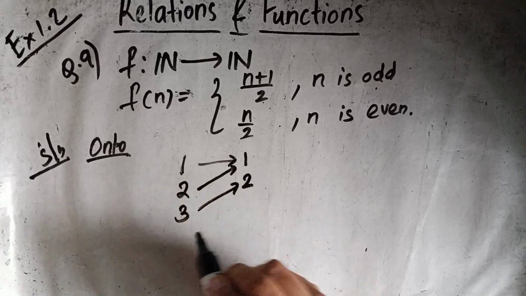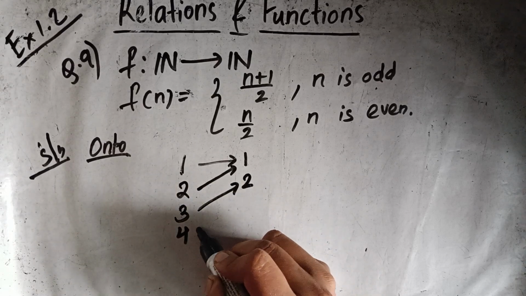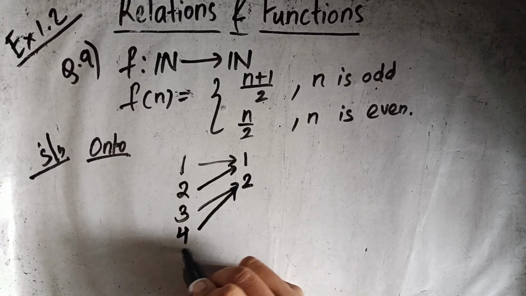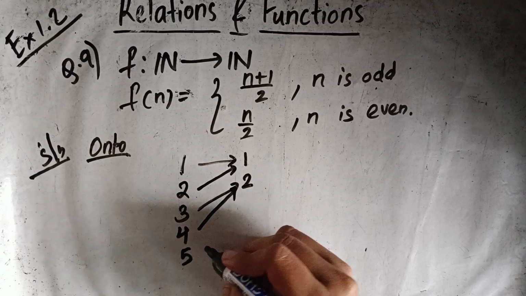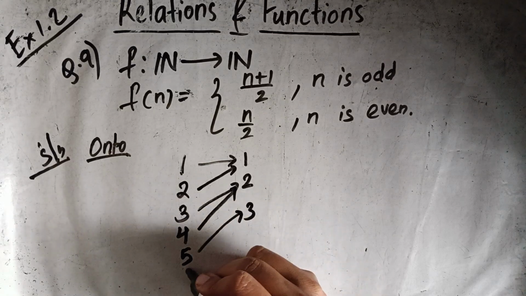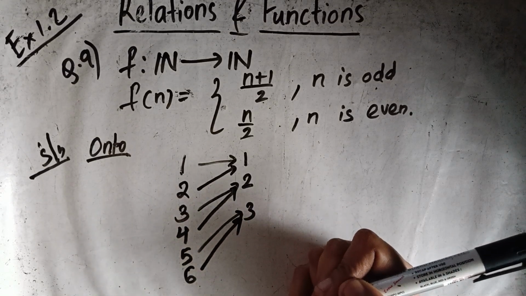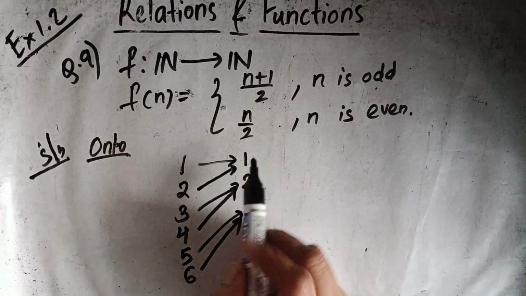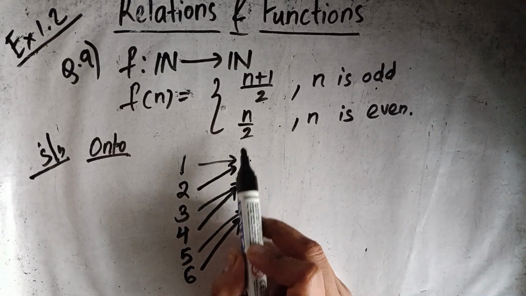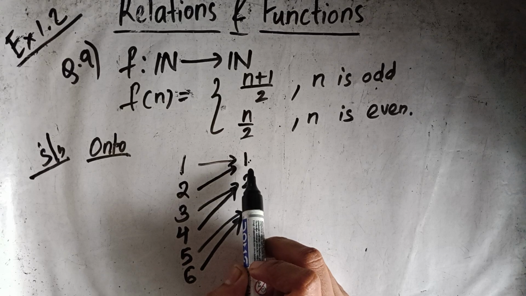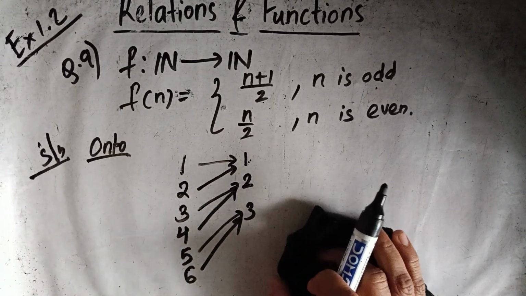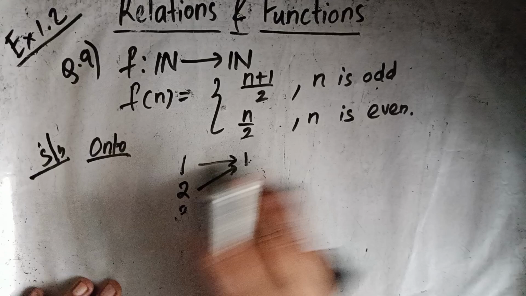It goes to 2. And what about 4? 4 also goes to 2. 5 goes to 3. And 6 also goes to 3. So all the numbers in the codomain are covered, right? So this is actually onto.